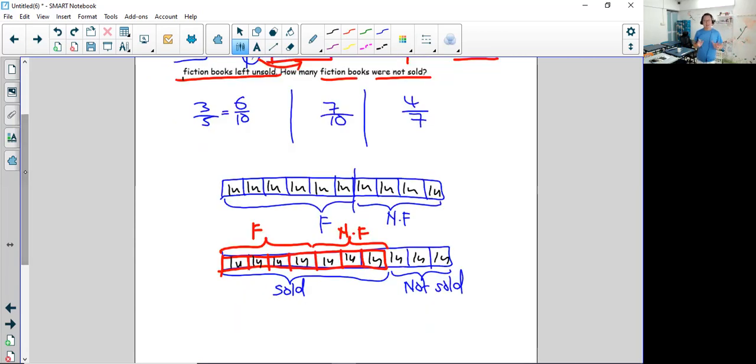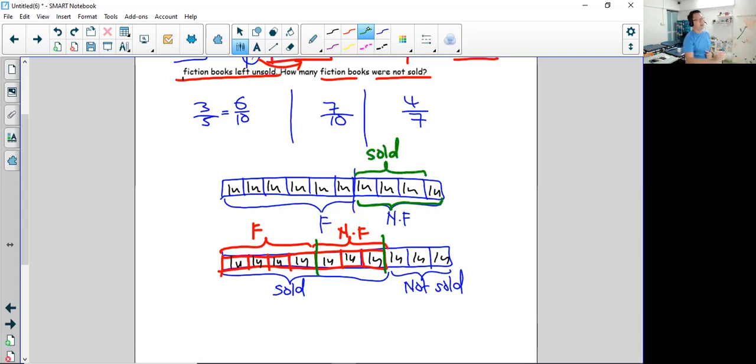So you look at the model and you study carefully, right? It's not that hard to look at the model. You can see that there are actually 3 units of non-fiction books that were sold. And how many units of non-fiction books altogether? There are 4 units. If you notice over here, there are 4 units of non-fiction books altogether. So you have sold 3 units. So let's put down sold.